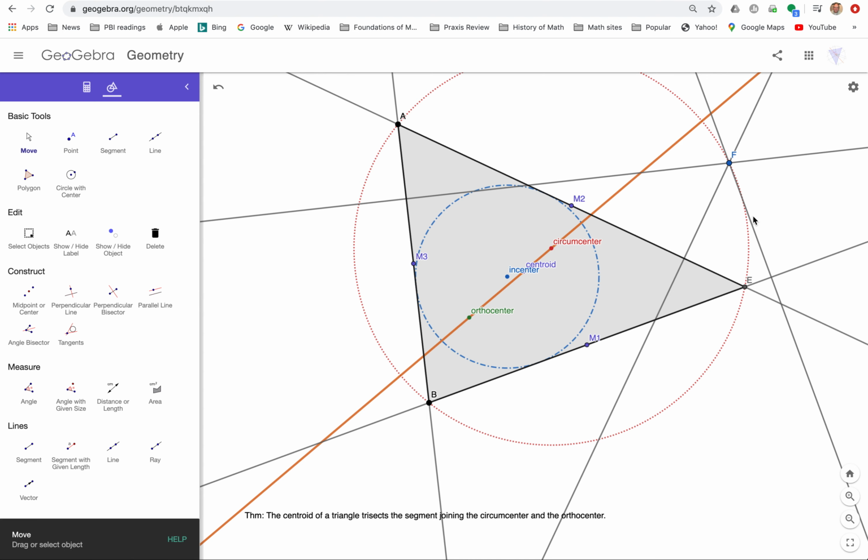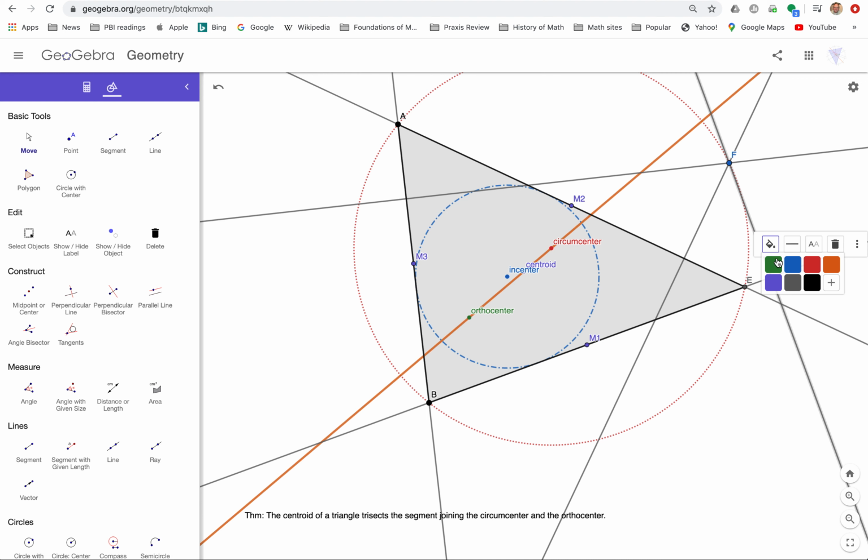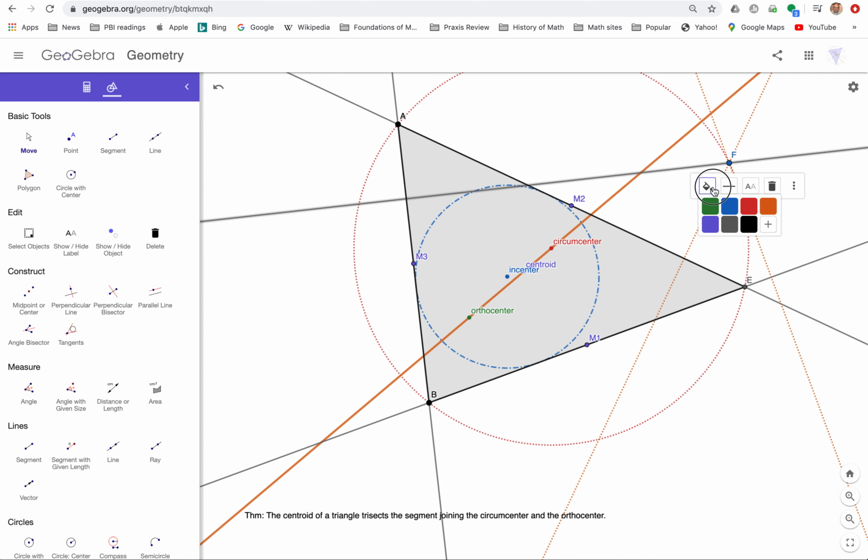Let's make these, I've already used red, blue, purple, green, and orange is the line. So let's do orange here, and we'll just make them dashed. Now, this is not super important for us to spend our time on, other than it just makes things a little easier to look at.